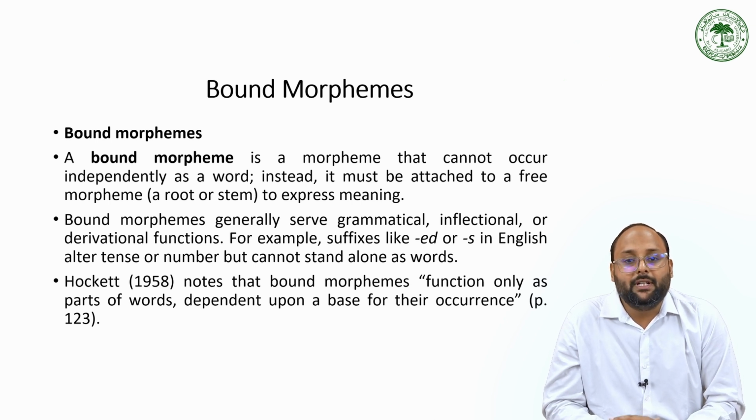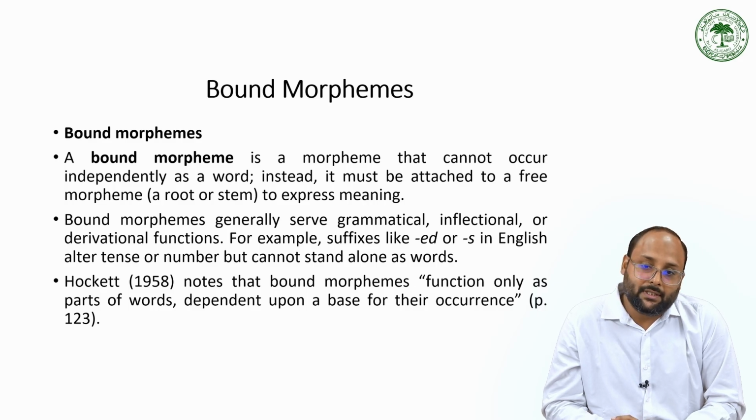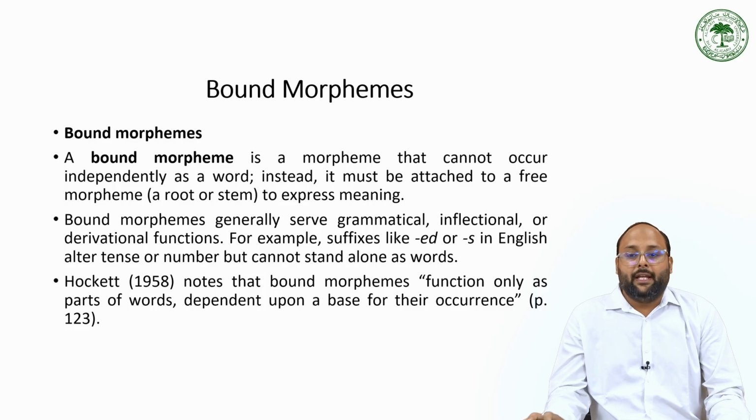Bond morphemes generally serve grammatical, inflectional, or derivational functions. For example, suffixes like -ed or -s in English alter the tense or number but cannot stand alone as words. In English, we have -ed, or we have -en, or many other suffixes which come under the bond morpheme.